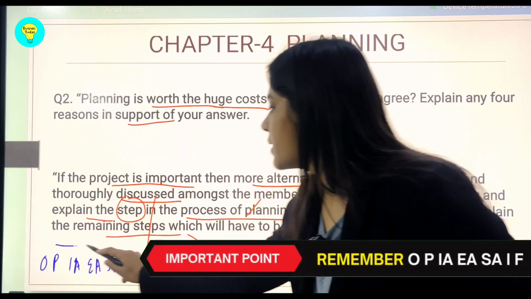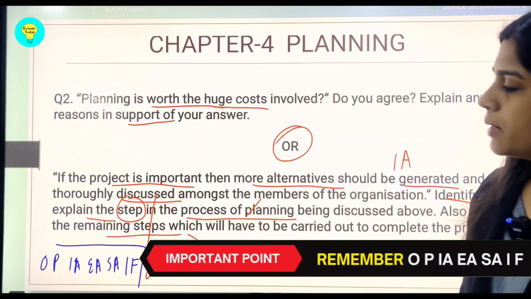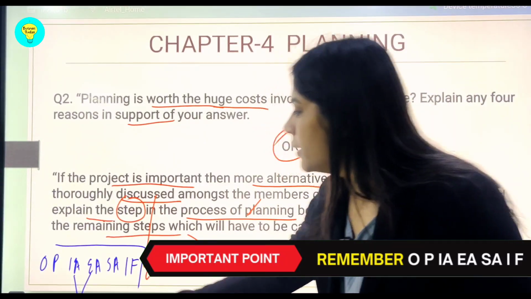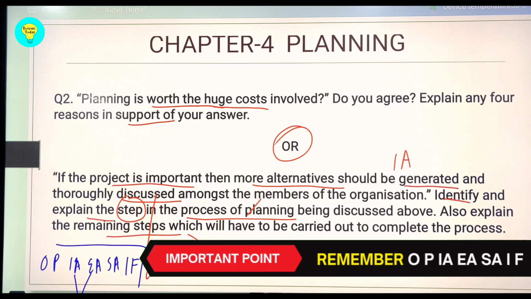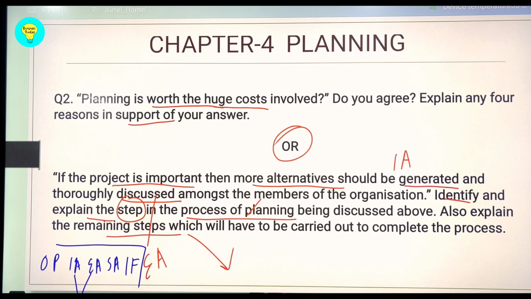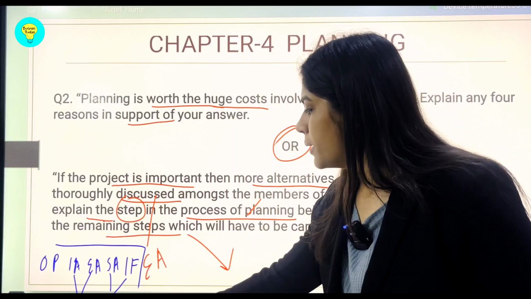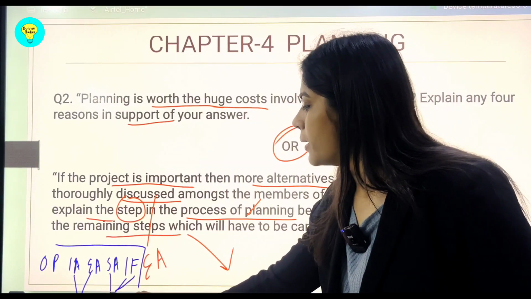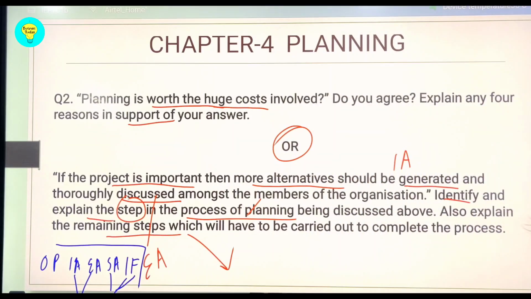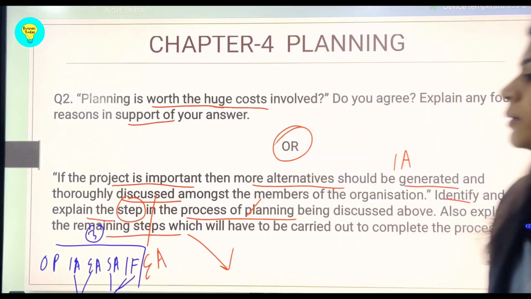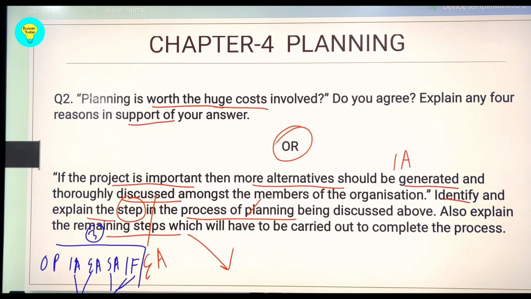So these were the 7 steps in the process, and we have started from somewhere here, IA and EA, identification and evaluation of alternatives. So next in line are the 3 remaining steps: selection of alternatives, its implementation, and ultimately the follow-up action. So these 3 steps you need to talk about in the remaining part of your answer.